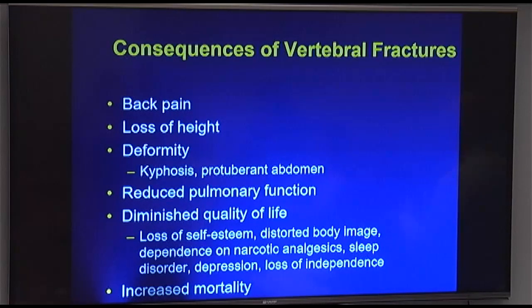Only 1/3 are the event. But it turns out that all of these points, including increased mortality, occur to the same degree, whether the patient has sustained an acute event or this sort of subclinical event.